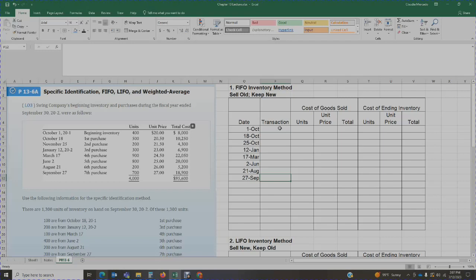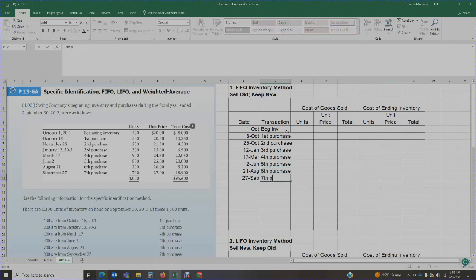Okay, and then we have the transaction. This is my beginning inventory. First purchase, second purchase, third purchase, fourth purchase, fifth purchase, sixth purchase, and seventh purchase.